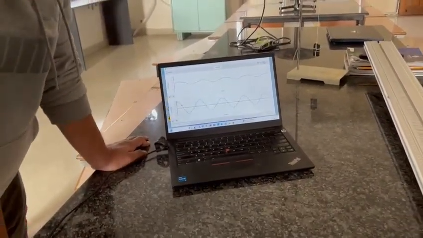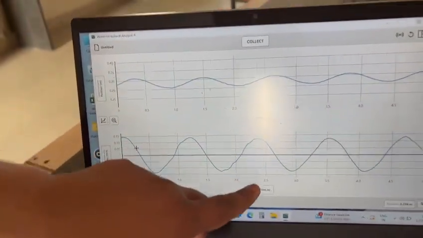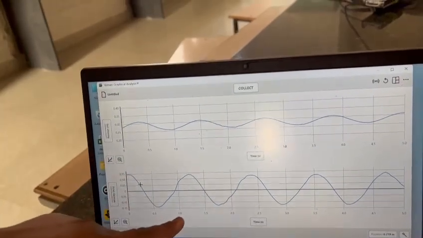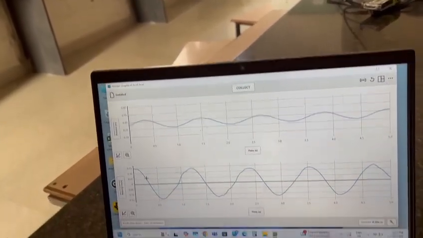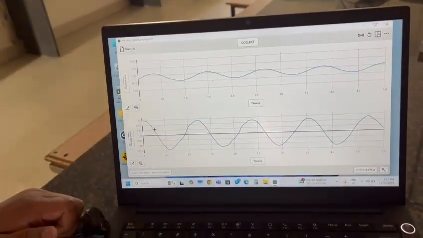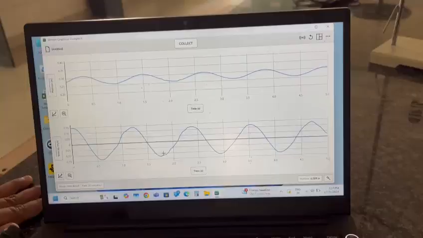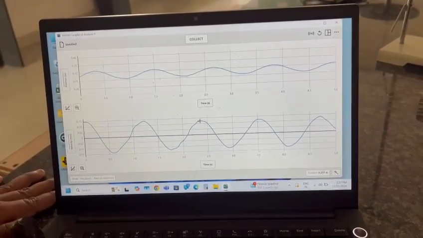So if you look closely over here, the time period is the distance between two troughs. Right, so now here we can see that this is one of the troughs or crests.